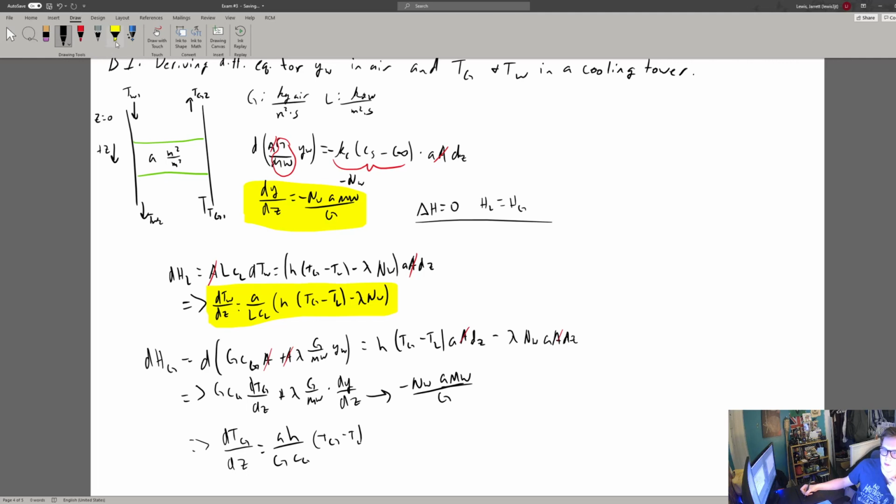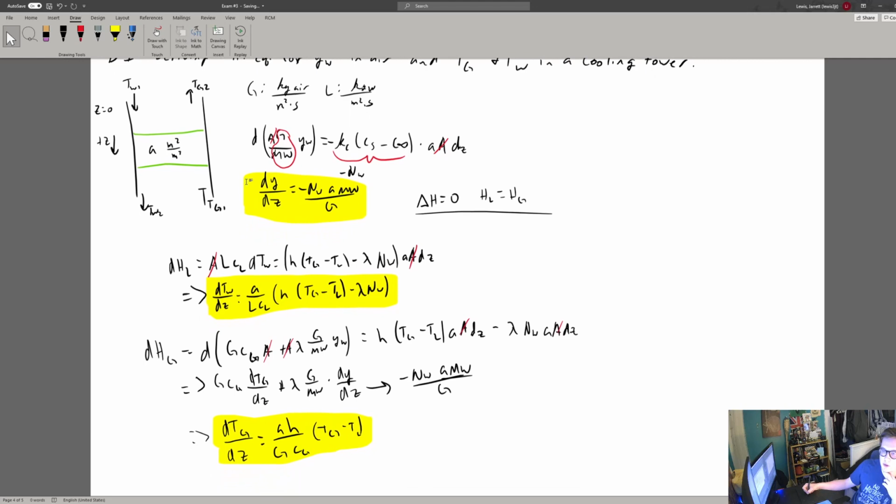And that's the last differential equation we will use. And we will use the three of these to make a plot in the next part.